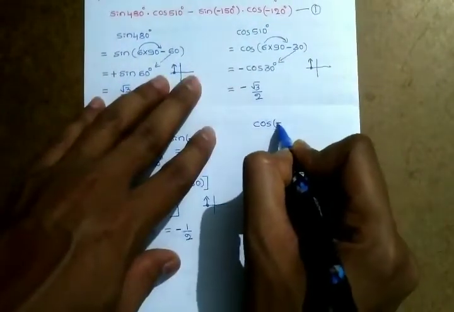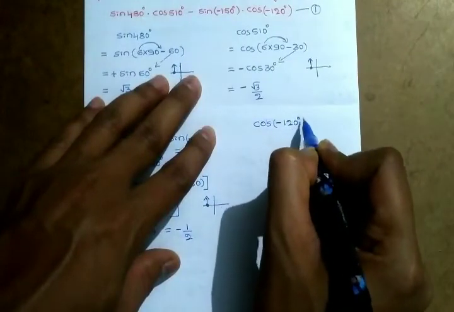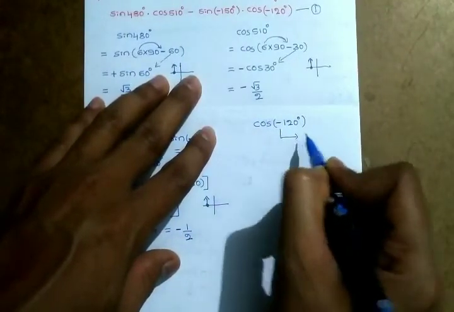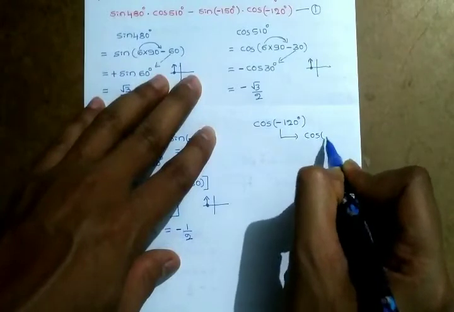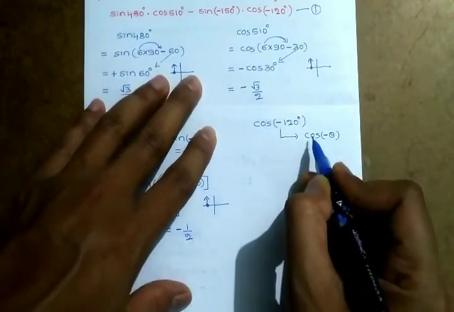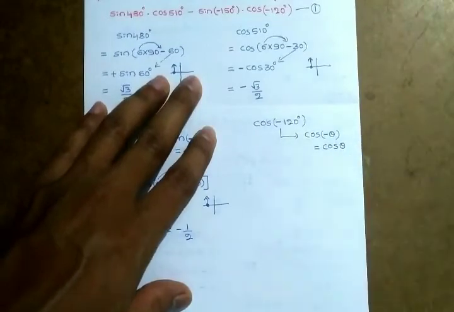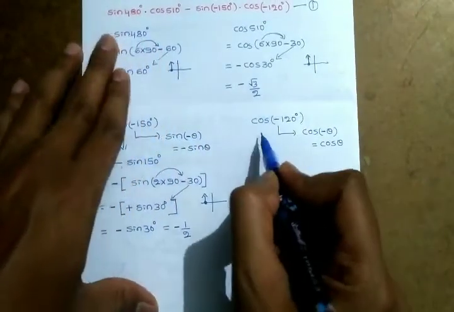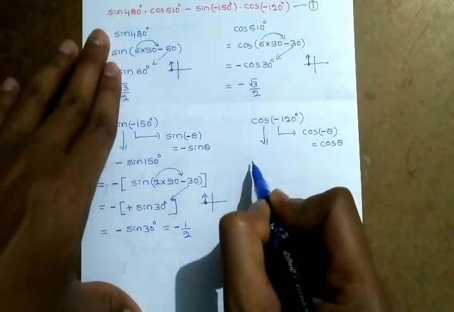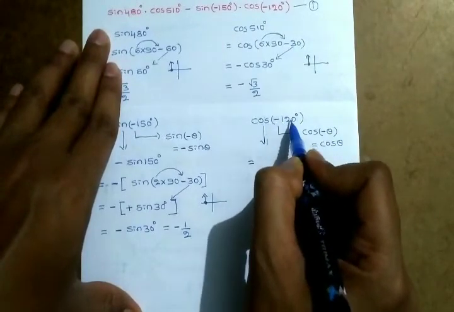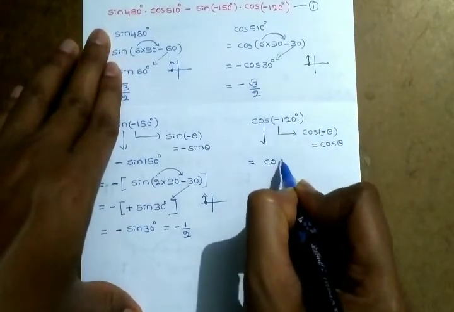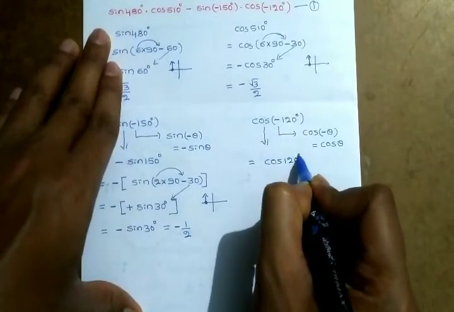Cos minus 120 degree. Again, apply trigonometric ratios of minus theta value. You know, in that cos of minus theta value is only cos theta. Correct. Therefore, this value becomes, which is equals to cos of minus 120 is only cos 120.